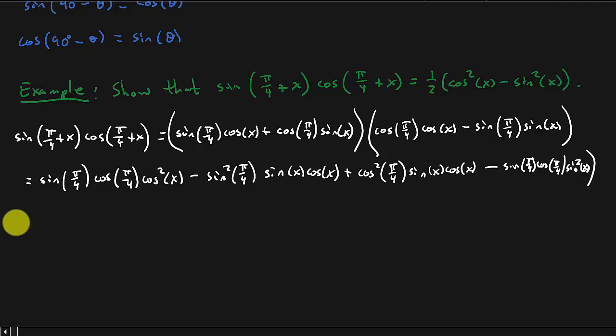But then, let's see, we've got what? We've got square root of 2 over 2 times square root of 2 over 2. That's this, and that's going to be cosine squared x.